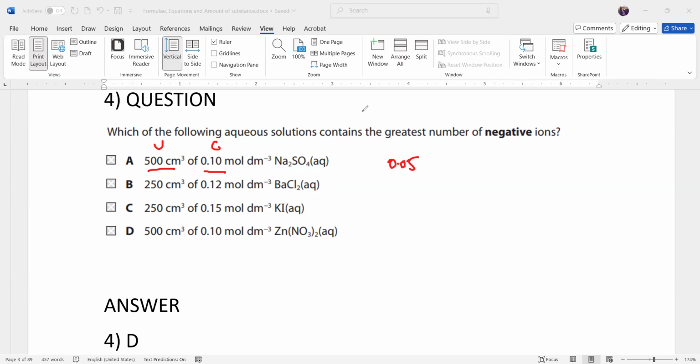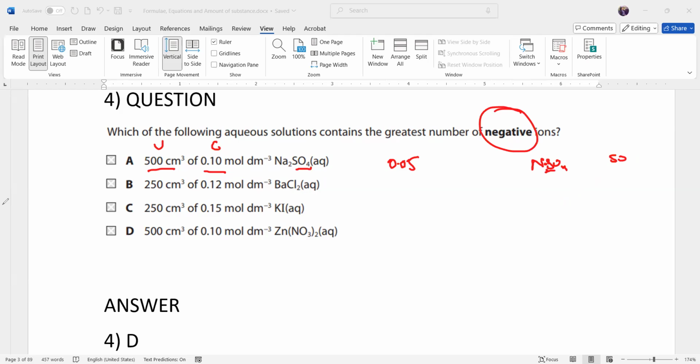The ratio, because the sodium sulfate contains only one negative ion. We want to find the negative ions. So the ratio between the compound and the negative ion is 1:1. If we have sodium sulfate, Na2SO4, and the sulfate ion, the ratio between them is 1:1. So 0.05.